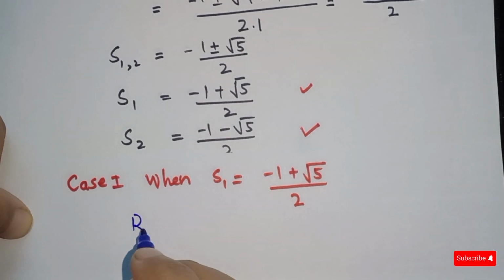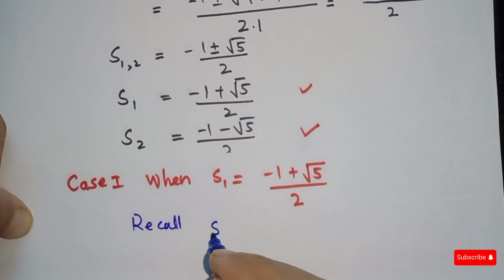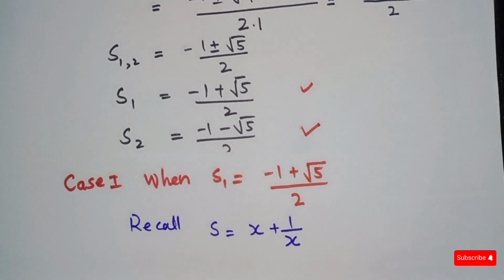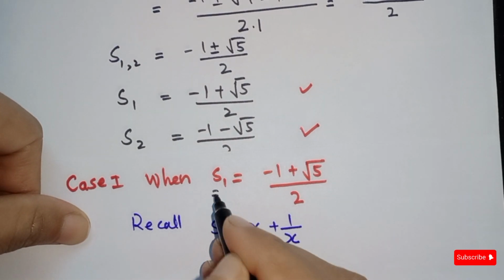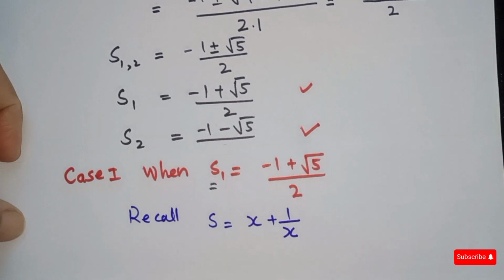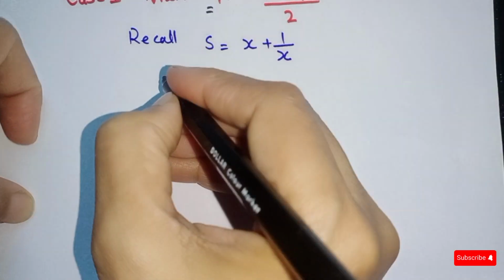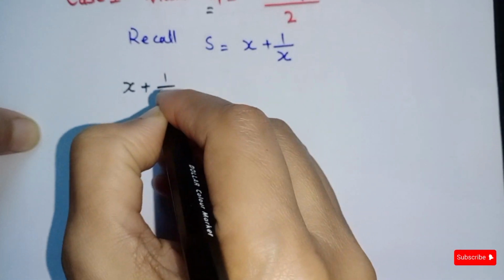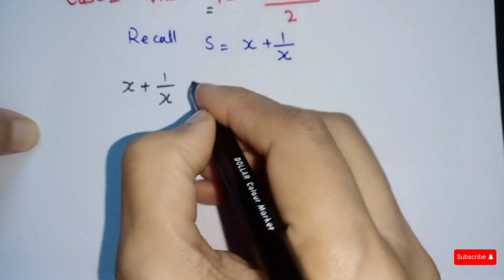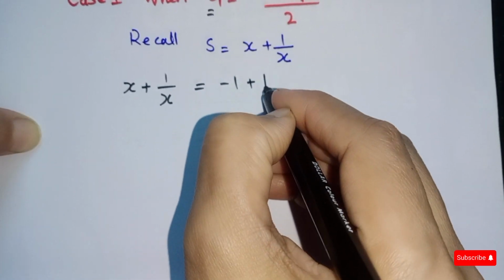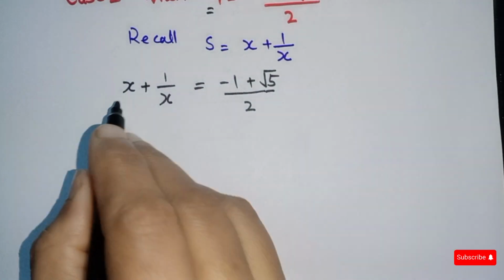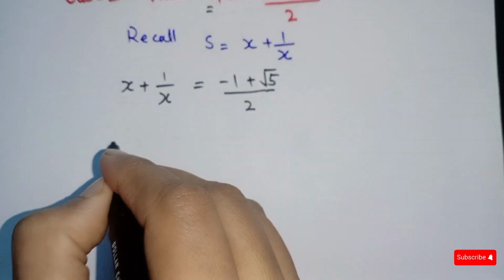Recall that s was equal to x plus 1 over x. So our new expression will become x plus 1 over x is equal to minus 1 plus square root 5 over 2. So we will multiply both sides of this expression with 2x.